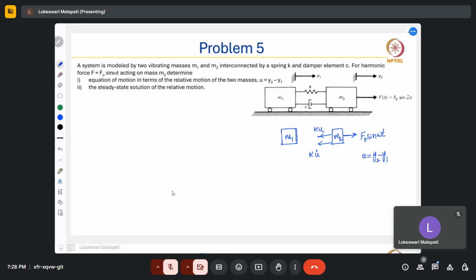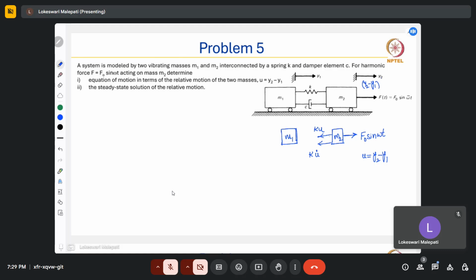Let's say that mass M2 is undergoing an arbitrary displacement of y2 and mass M1 is undergoing an arbitrary displacement of y1 in this direction. That means how much is the total deformation that the spring will undergo? It will undergo y2 minus y1. So that is the total deformation.